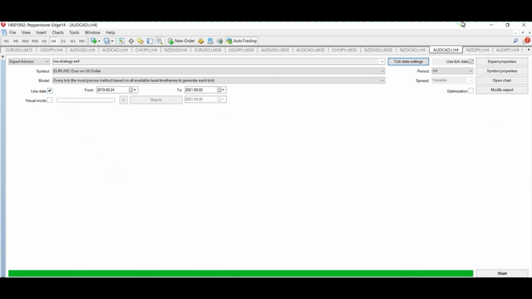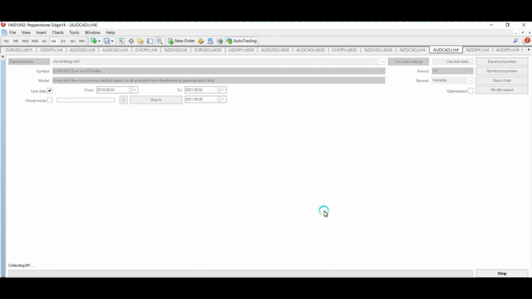Without this tick data, you can't even tell if a strategy works or not, because with only 90% tick data, you won't know if it works, because it can go the opposite way than in the test. But with 99.9% tick data and variable spread and commission, you can actually see how it will work. So let's hit start and see how it works on every tick data.